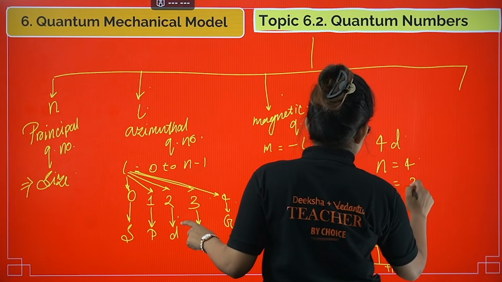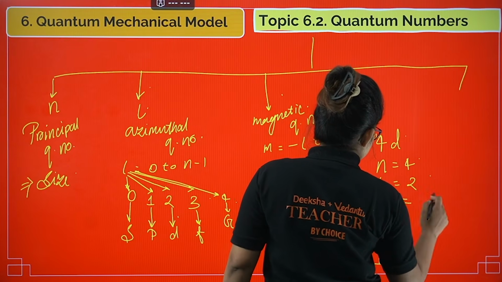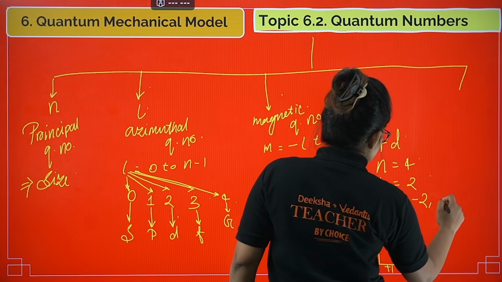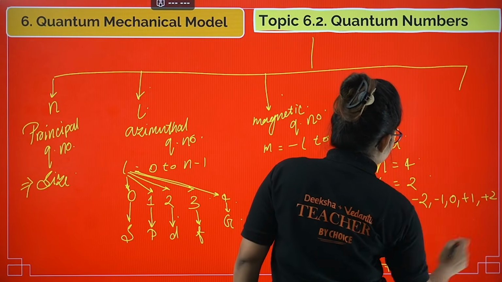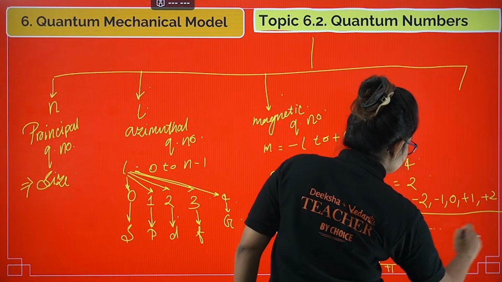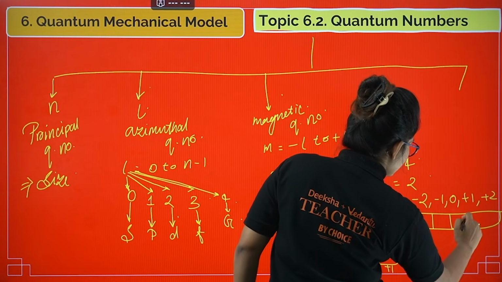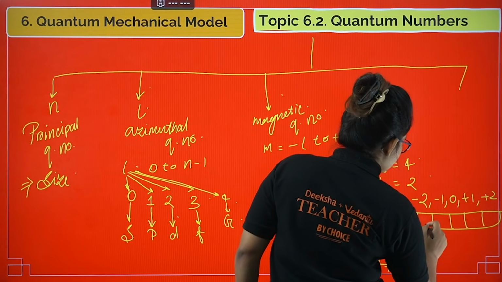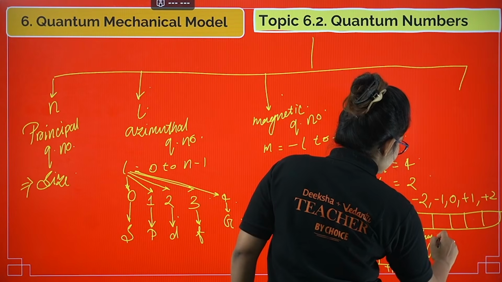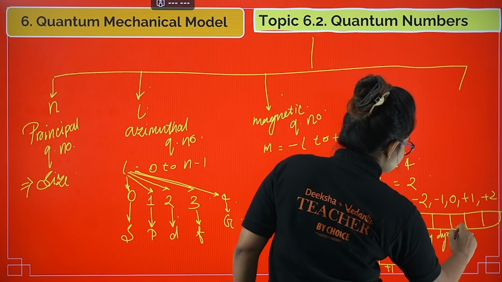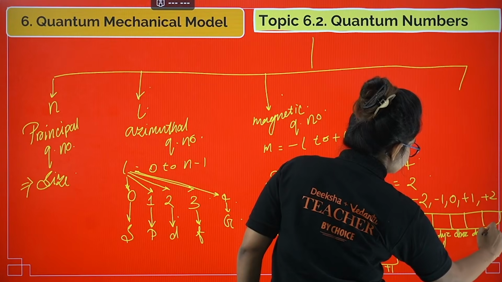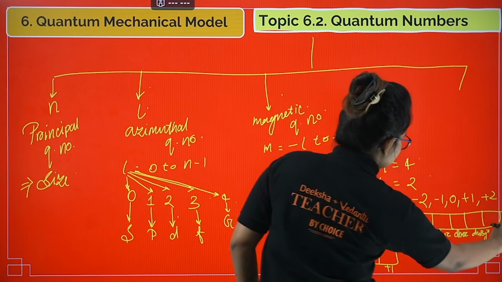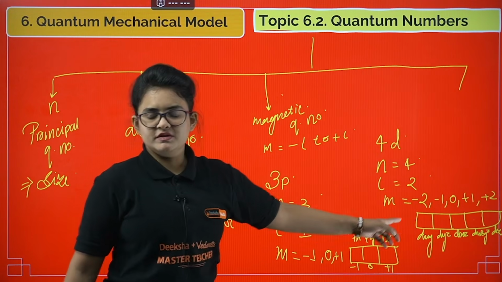So the m value corresponds to minus 2, minus 1, 0, plus 1, plus 2. If you assign them, this is dxy, this is dyz, this is dxz, this is x square minus y square, and this is dz square. You get 5 d orbitals out of it.